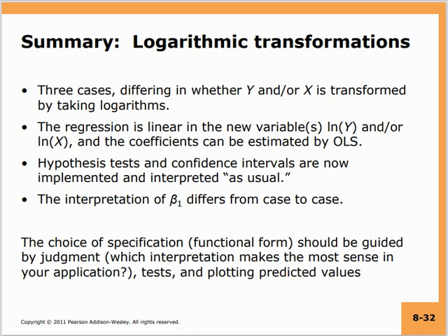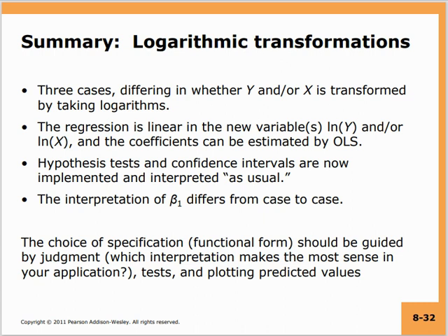Okay, to summarize, there are three different cases depending on whether y and or x is transformed by taking logarithms. The regression is linear in the new variables log of y and or log of x. Even though you have taken a logarithmic transformation of the variables themselves, the beta zeros and beta ones continue to be linear.